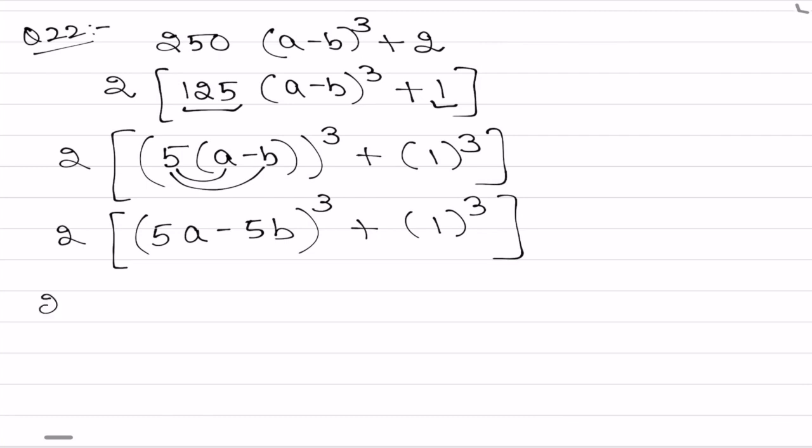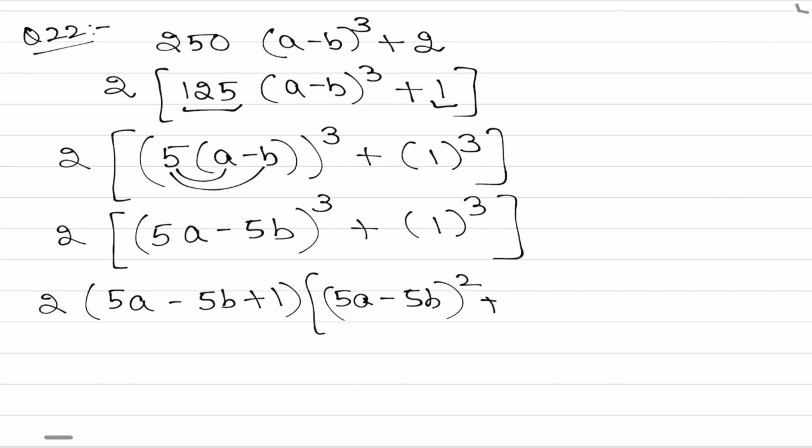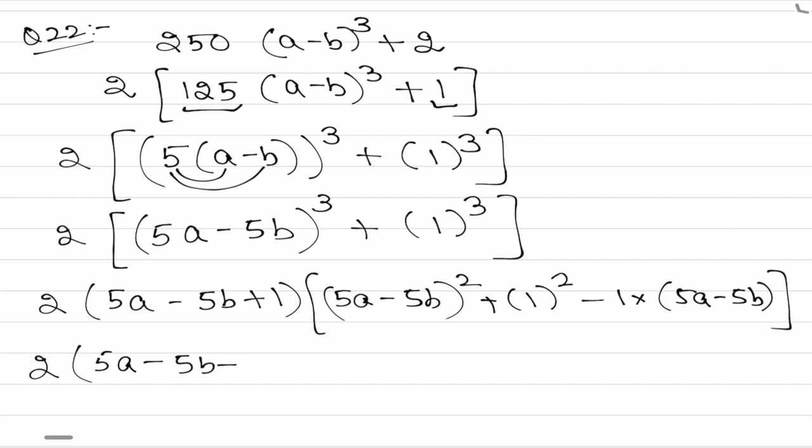So 2 into (5a minus 5b plus 1) into ((5a minus 5b) whole square plus 1 whole square minus 1 into (5a minus 5b)). Now 2 is the first factor, and 5a minus 5b plus 1 is the second factor.